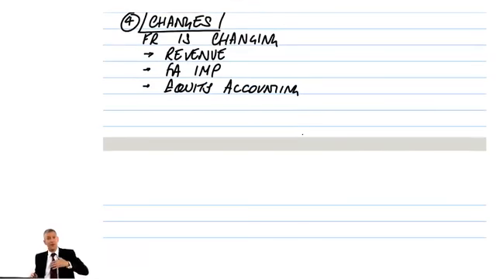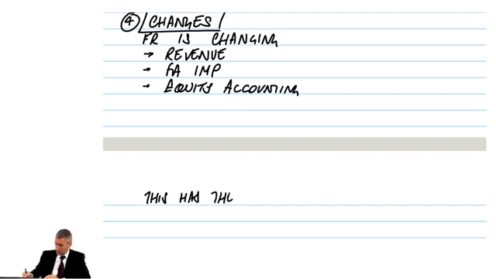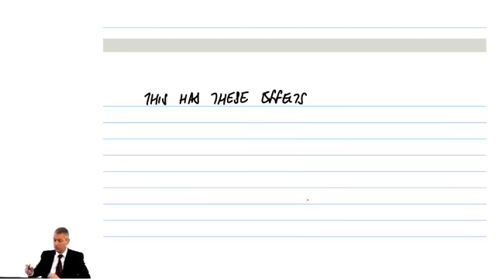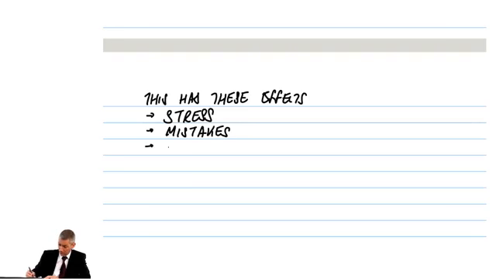You use the same knowledge for slightly different questions, just move things around. But what is the effect of change? We just write down the effects that change has on people. Well, it has the effect of stress and mistakes and the need for training and therefore the cost of training.